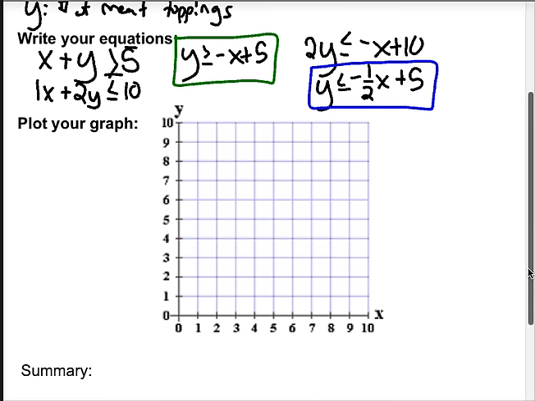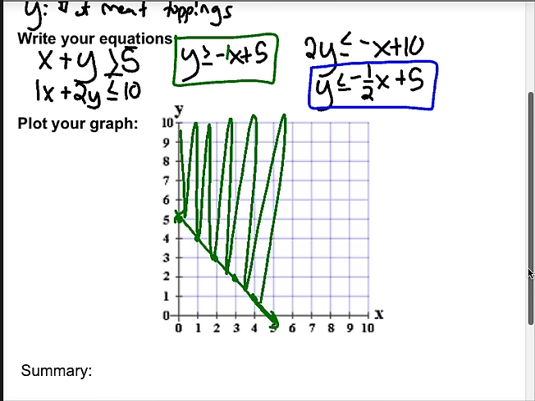So let's start with the green one. I start at 5, slope of negative 1, down 1 over 1, down 1 over 1. So I am getting this. Greater than or equal to, so I put in a solid line and I shade above it.